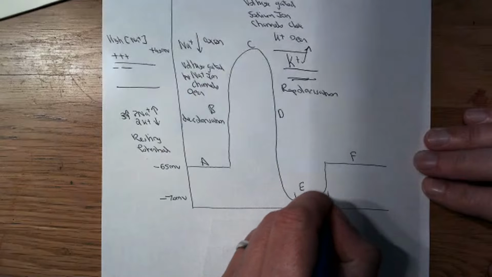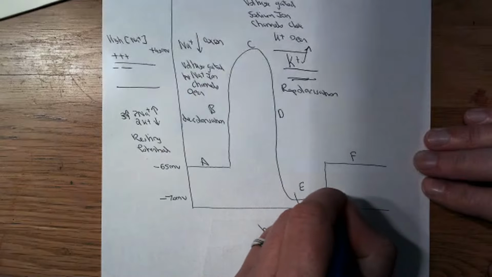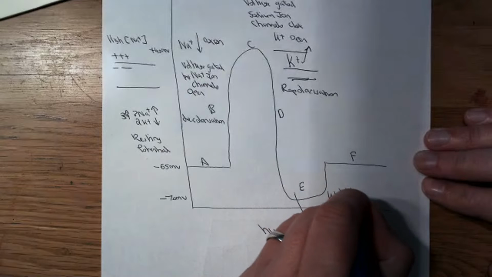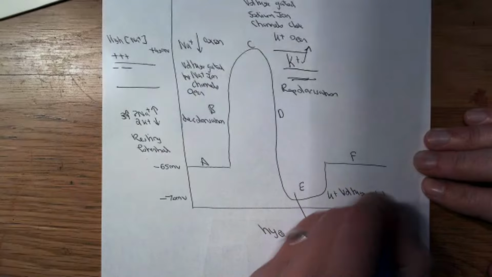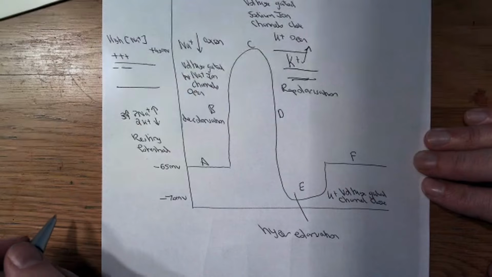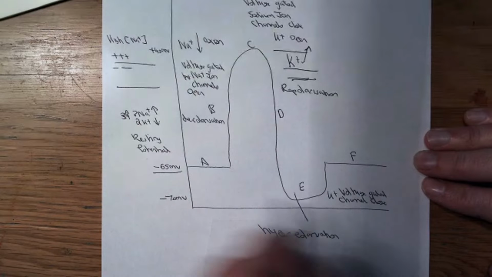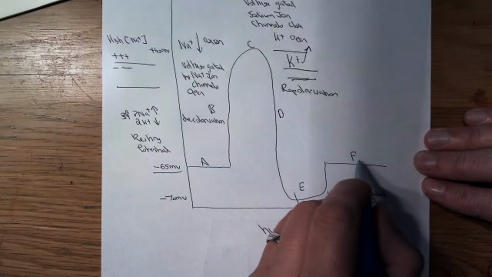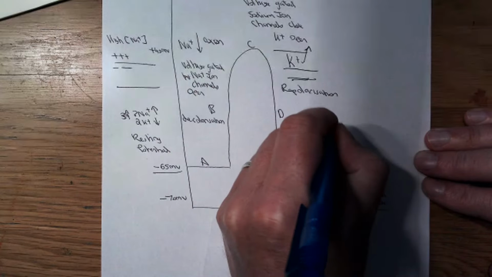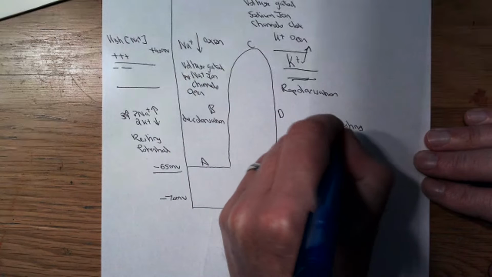At this point, potassium ion voltage gated channels close, and the charge inside the axon returns back to normal at F, which is resting potential.